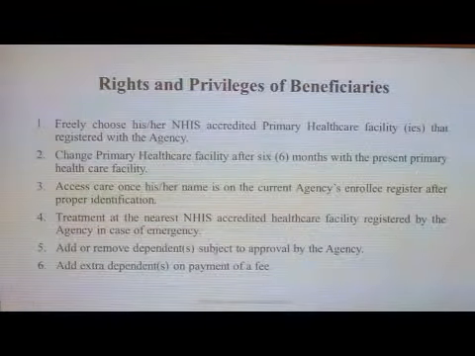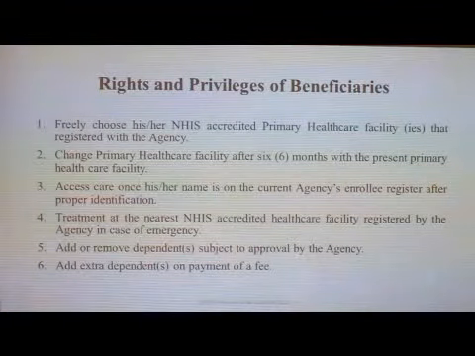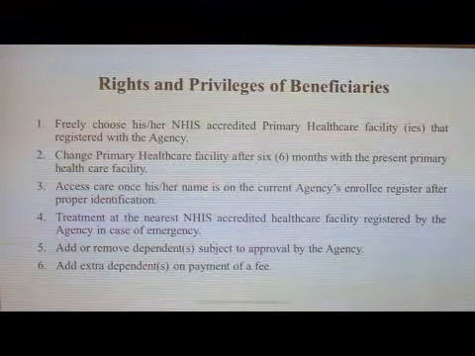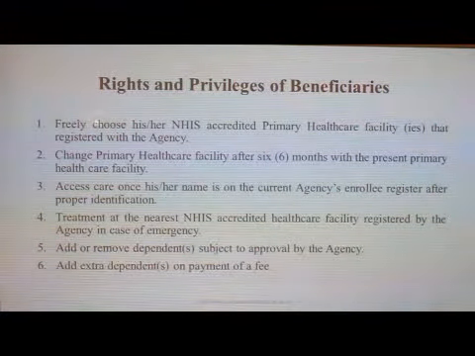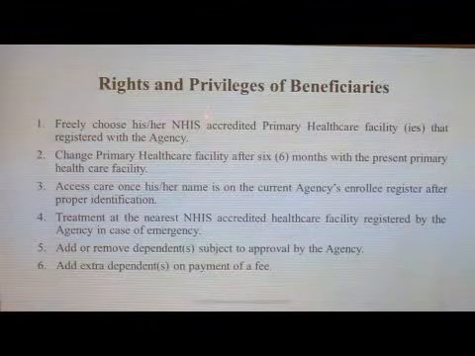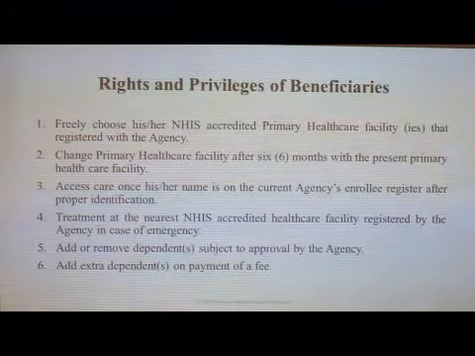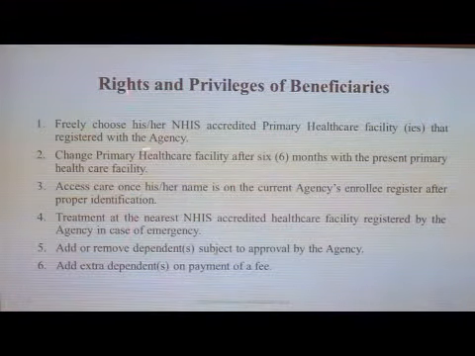The rights and privileges of an enrollee are: the enrollee is expected to freely choose his or her National Health Insurance Scheme, NHIS, accredited primary health care facility registered with the agency.